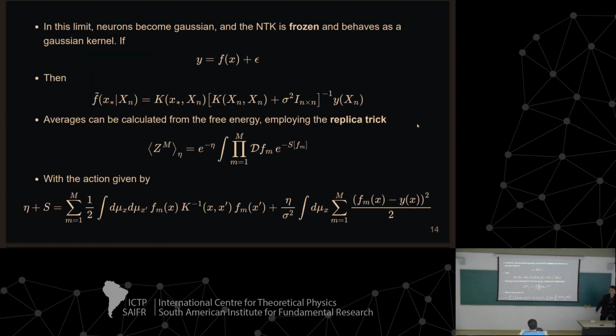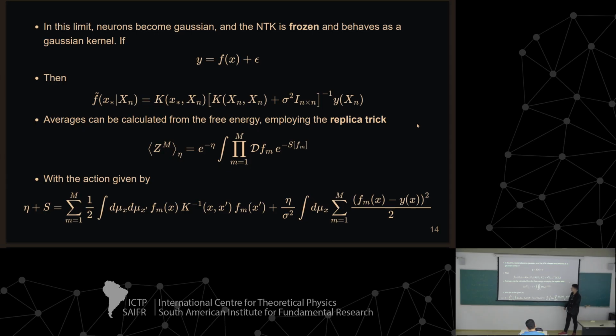So, in this limit, the neural tangent kernel does not vary very much. It is almost constant, and with that, we can approximate the network as a Gaussian process, because you have infinite neurons, so the central limit theorem will work precisely in this limit.